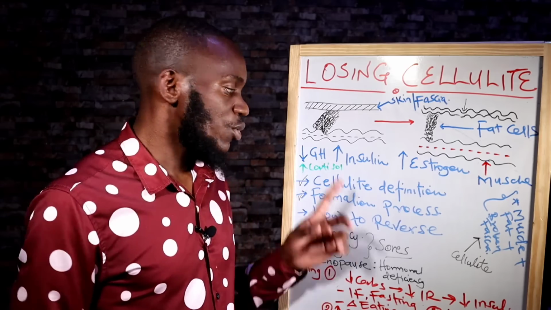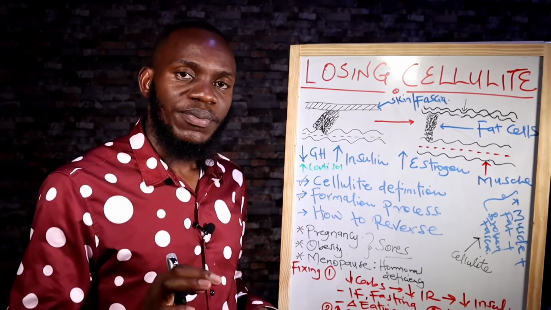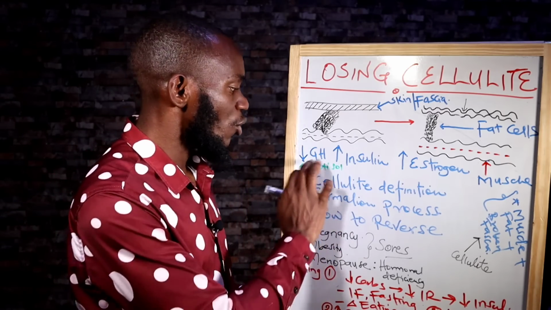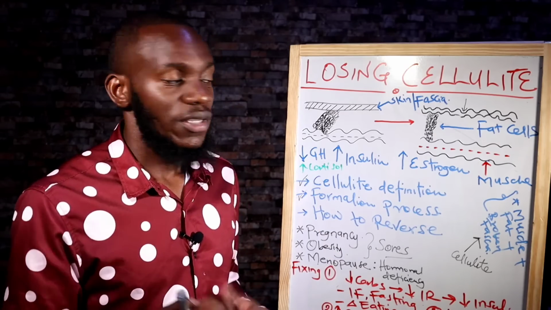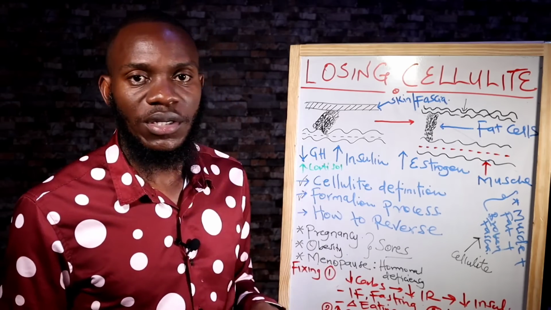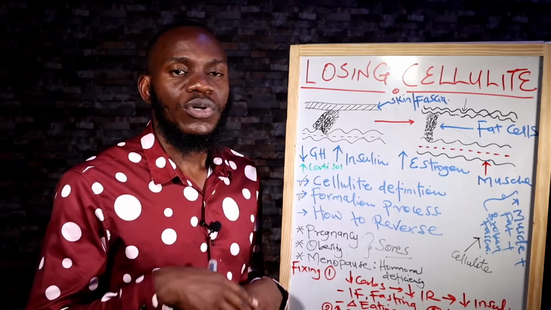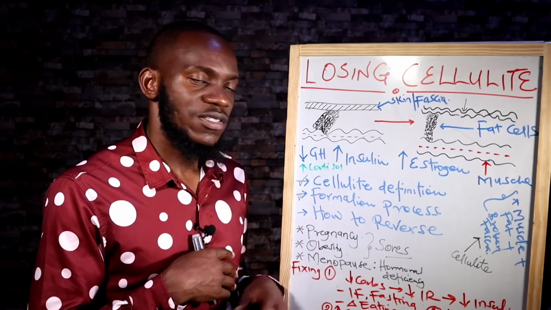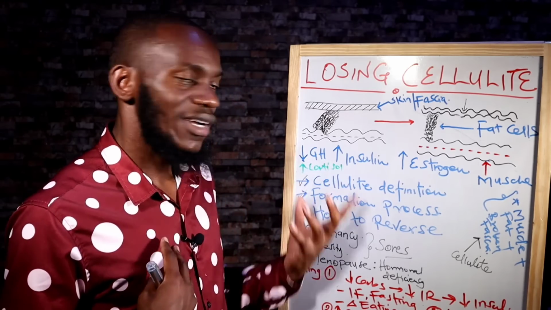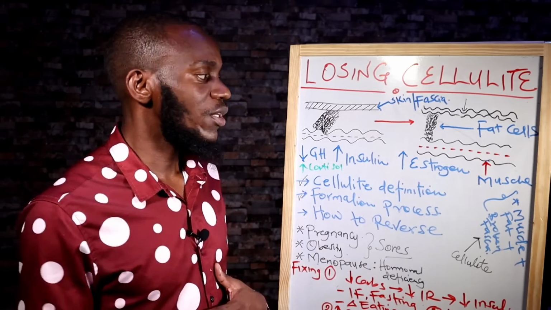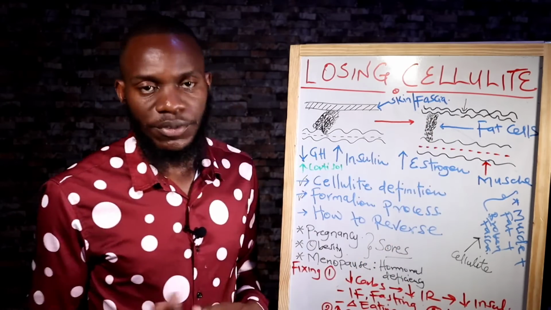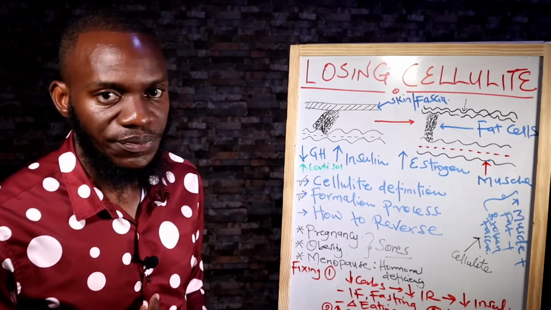Number 3, how to boost growth hormone is sleep. Sleep boosts growth hormone, and also fasting. Intermittent fasting and even prolonged periodic fasting boosts your growth hormone. Actually, 48-hour fasts can boost your growth hormone by up to 300%, and that is important in treatment or management of cellulite.